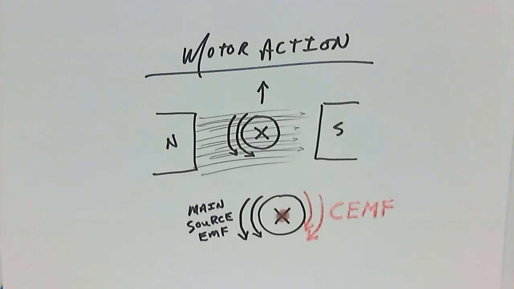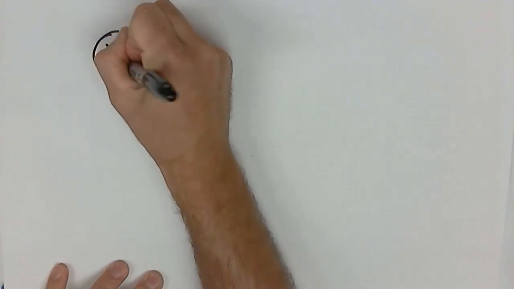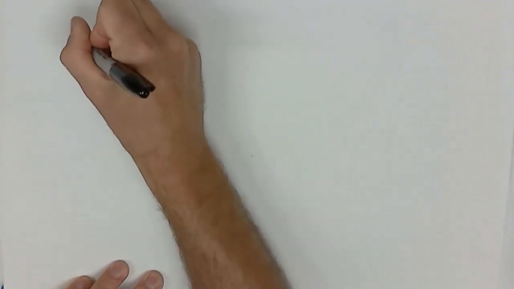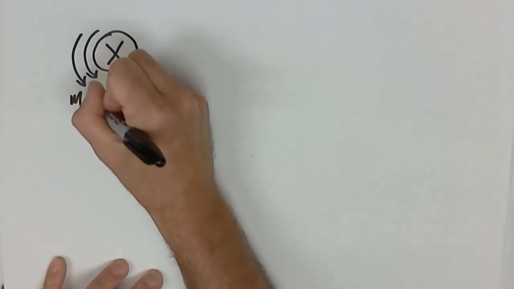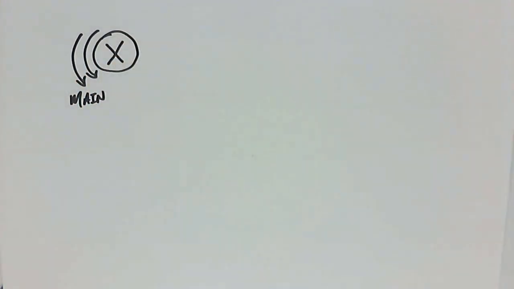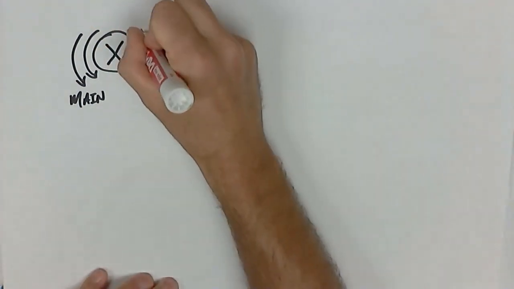to validate the current increasing or decreasing on a motor. All right, so we have our conductor here. It has some main source EMF, right? Main. And then we have our counter EMF going in the opposite direction.